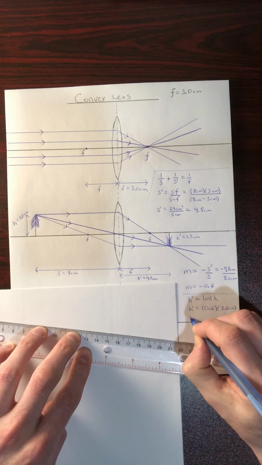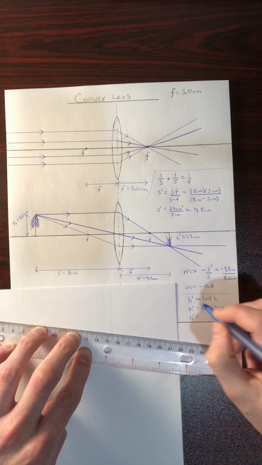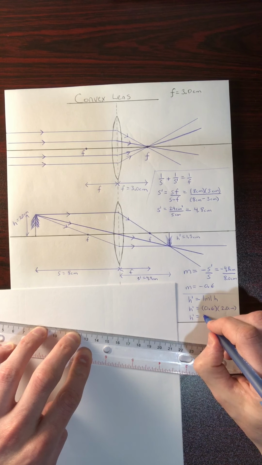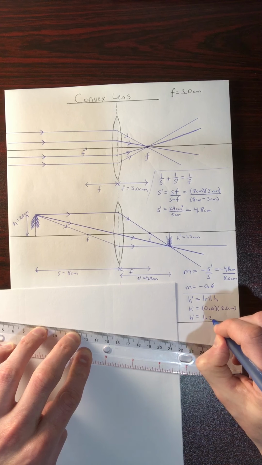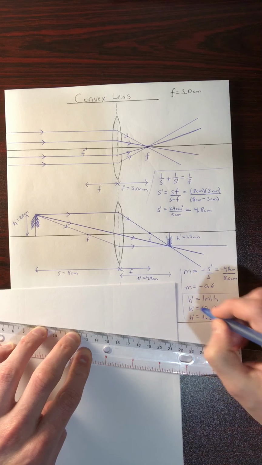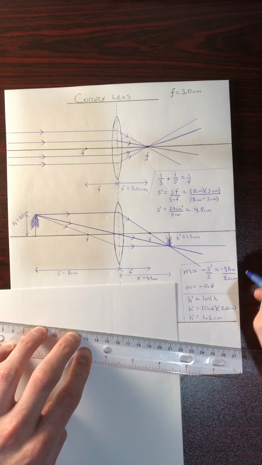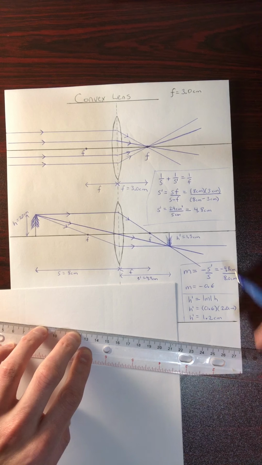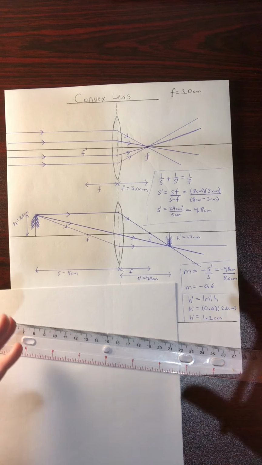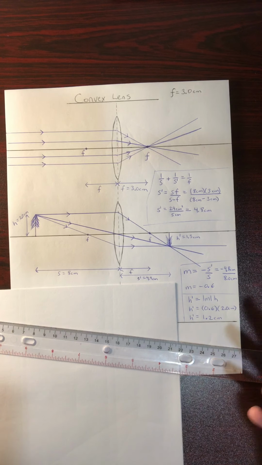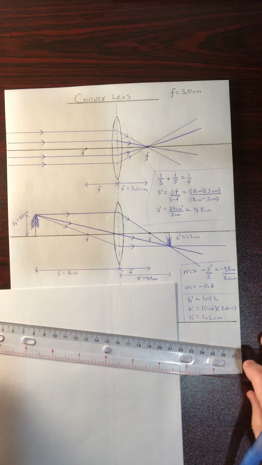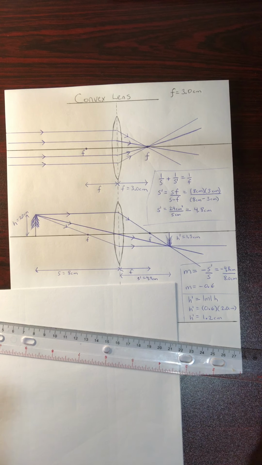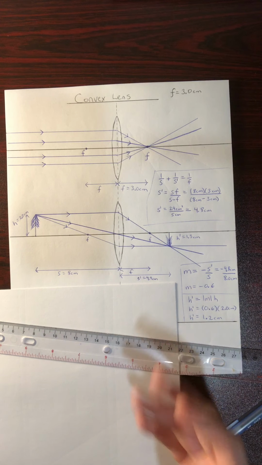The exact height there is going to be 1.2 centimeters. We measured 1.3, so that's actually pretty good, for the fact that we're just drawing this out very carefully, but not perfectly. I'm pretty happy with that result. Okay, so that's our basic production of an image using a convex lens.